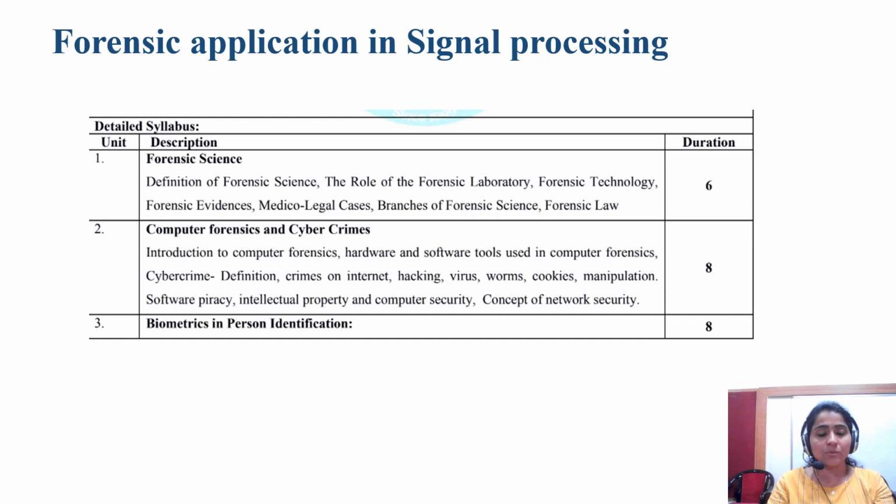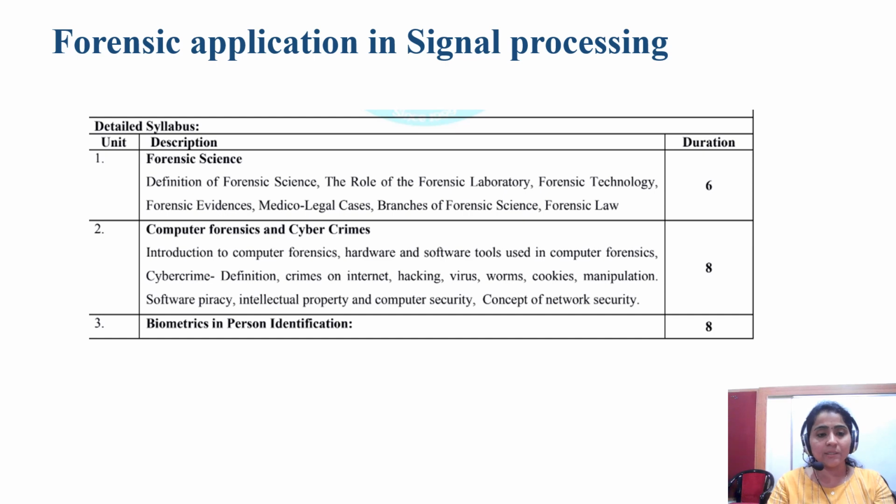The detailed syllabus is 24 hours, where 6 hours are given for unit number 1, forensic science, which deals with the fundamentals of forensic science. Unit number 2 has 8 hours of duration, which covers computer forensics and cyber crime.